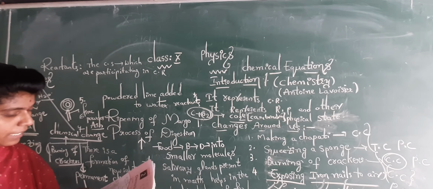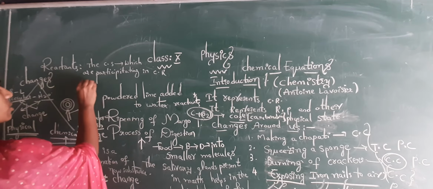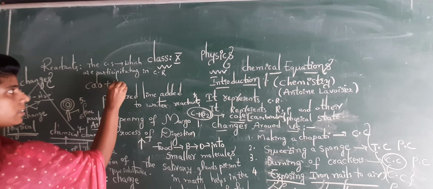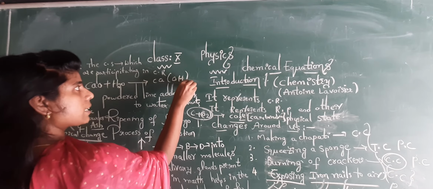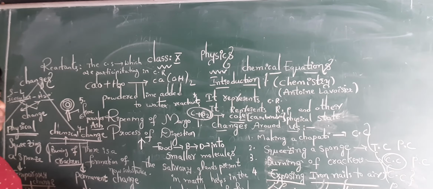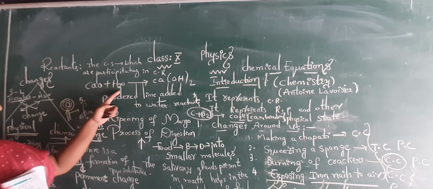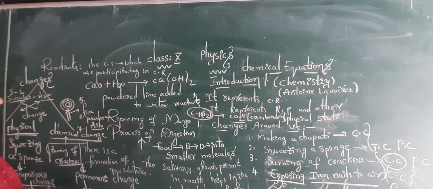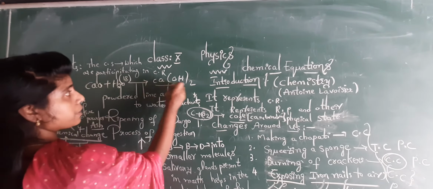One more example is powdered lime added to water. That means calcium oxide, quicklime, when reacted with water, the formula for water being H2O, and the molecular weight of water is 18, we get a new product, calcium hydroxide, Ca(OH)2.